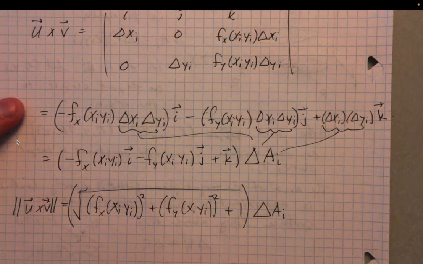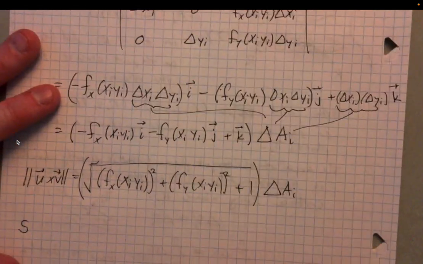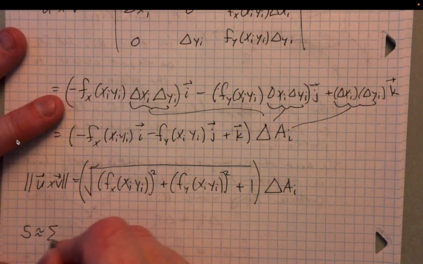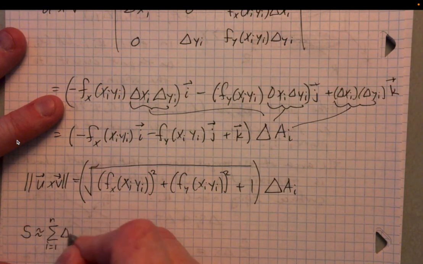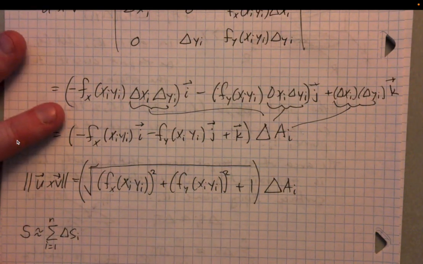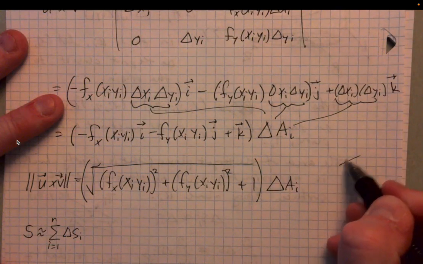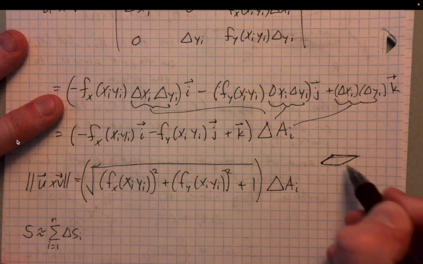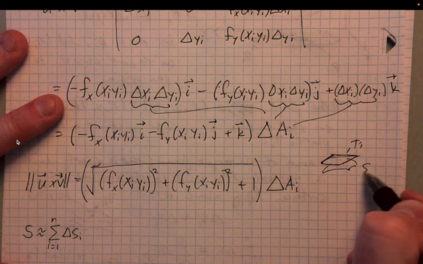And so the surface area, we'll call it S, is approximately equal to the sum from i equals 1 to n of all of the little surface areas, those little subsections. Remember we had our tangent plane, and then each of those corresponded to some actual section of the surface. So you had your Ti's and your Si's.